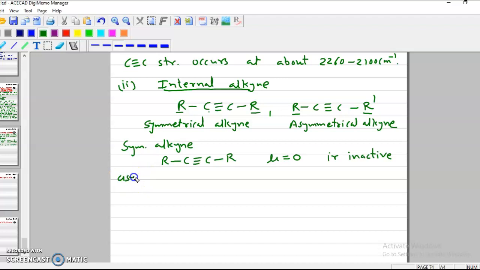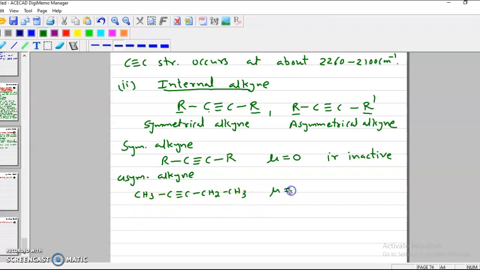But if it is asymmetrical alkyne, because both the sides are different groups like CH3, C triple bond C, then CH2, CH3. So here the alkyl chains are different.